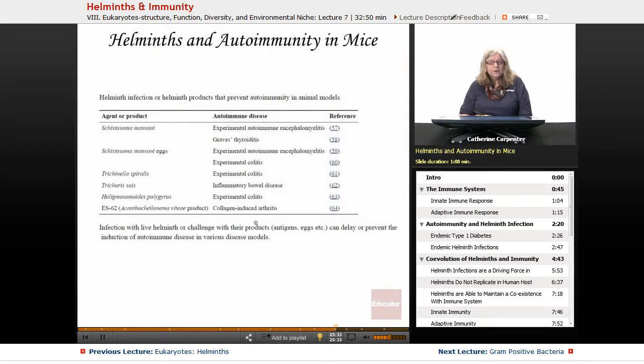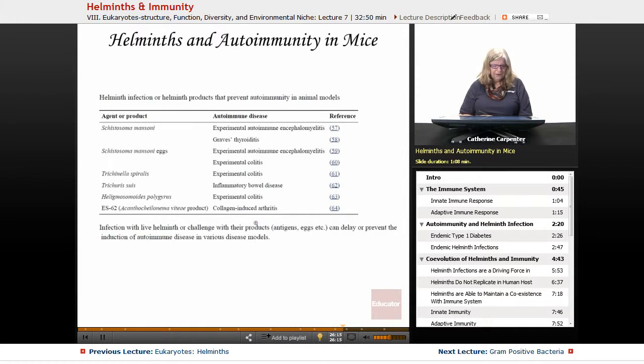So here is some very recent work. They're doing a lot of studies now on helminth infection and autoimmunity in animal models, and most notably it's in mice. You can see that thyroiditis, Graves' disease, which is an autoimmune disease, is protected by a particular schistosoma species, that schistosoma eggs are protective for autoimmune encephalomyelitis and colitis, and Trichuris is protective for inflammatory bowel disease, experimental colitis, and collagen.